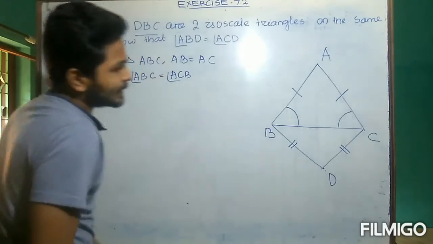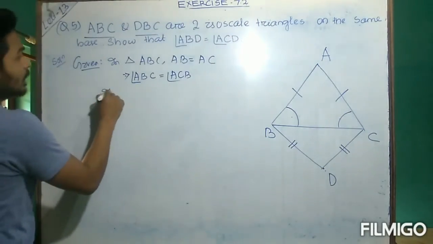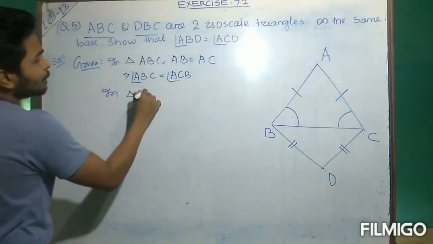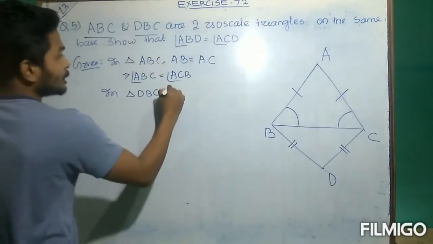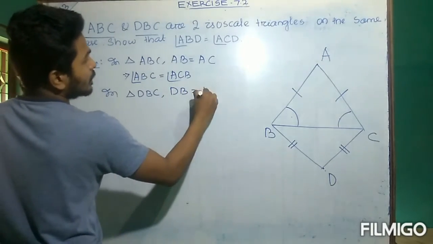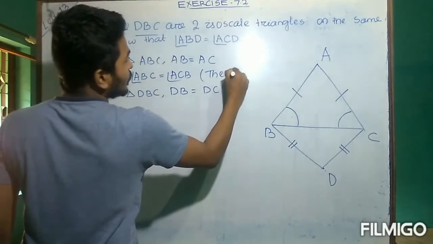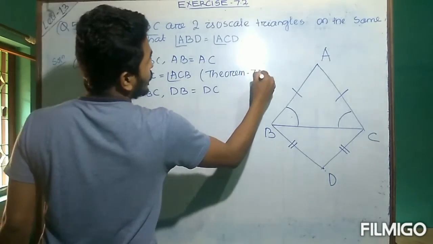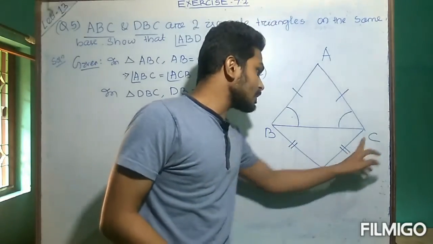Clear? Next, it is also given that DBC is an isosceles triangle. In triangle DBC, DB is equal to DC. Here you have to write the reason, theorem 7.2. So in triangle DBC also, this side DB is equal to this side DC.